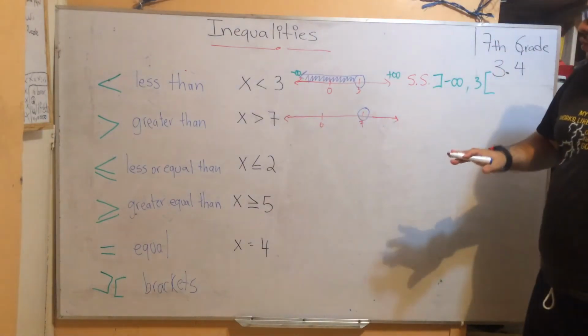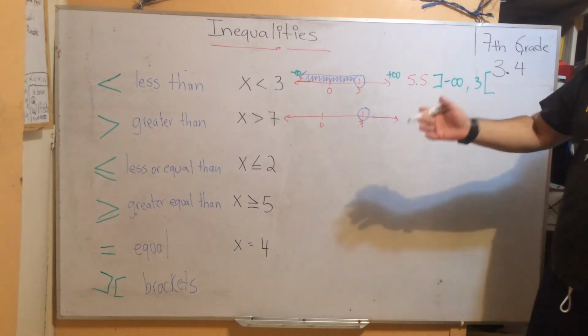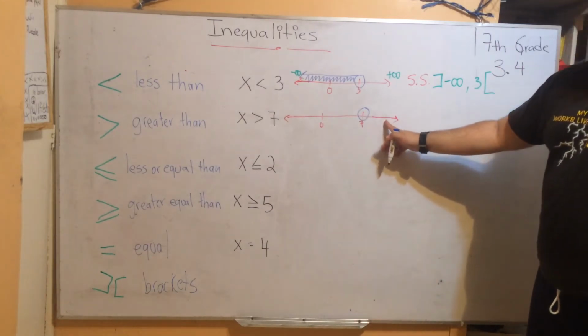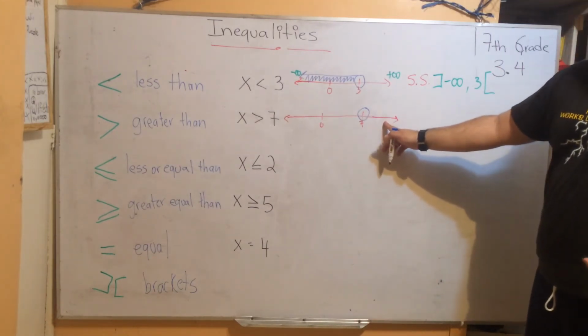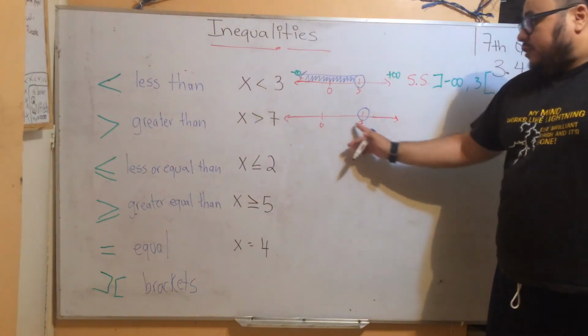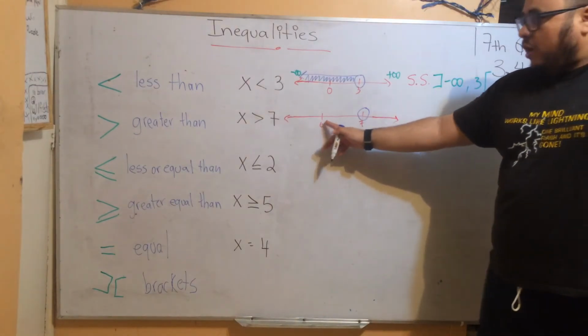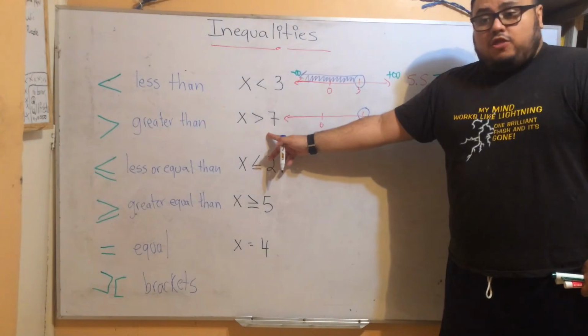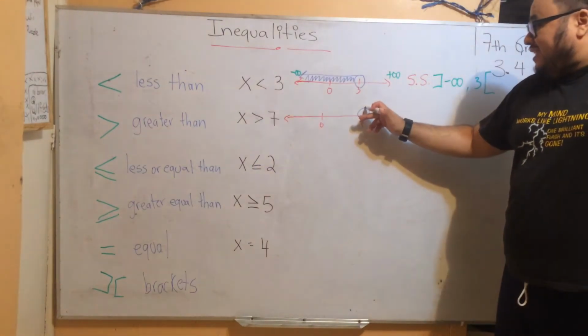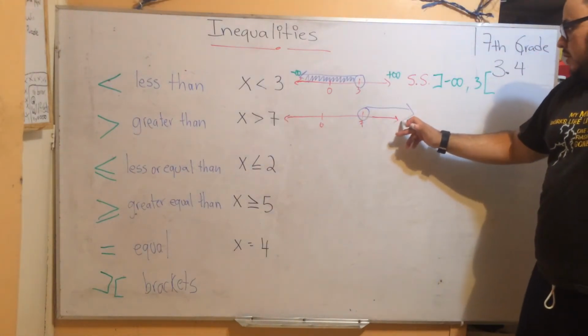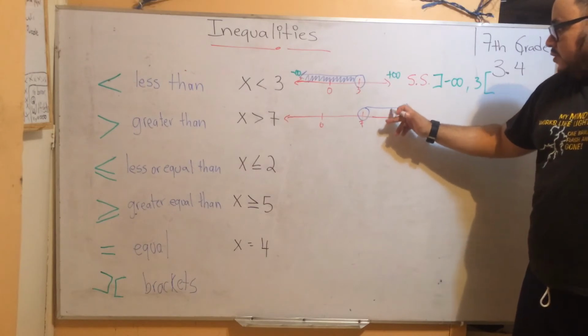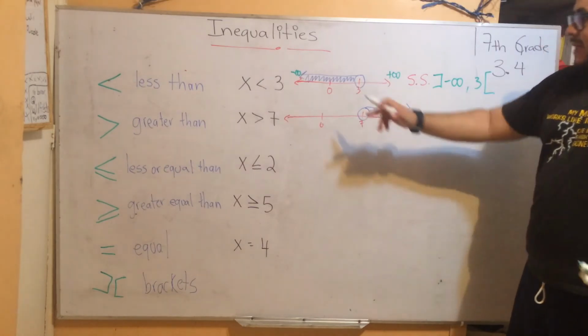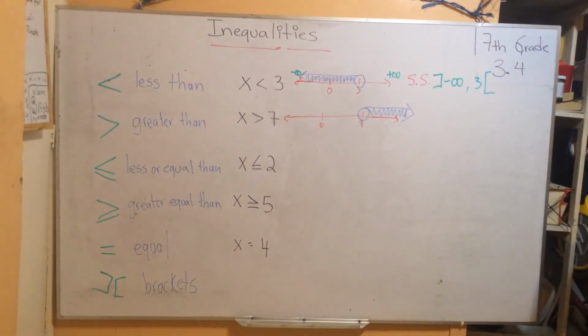According to our number line, which numbers would be greater than 7? The ones that are here, like 8, 9, 10, 100, 1 million? Yes. Or the ones that are left of 7, like 1. Is 1 greater than 7? No. So we're looking for all of these numbers that make this inequality true.